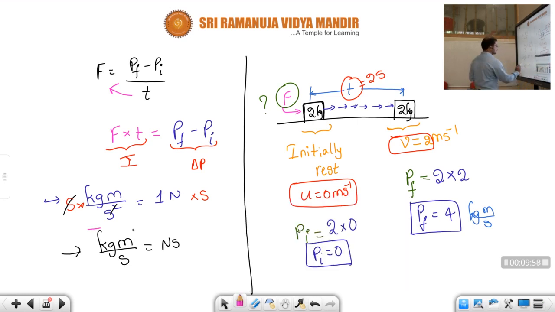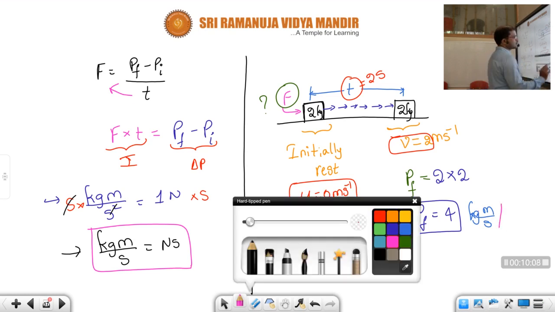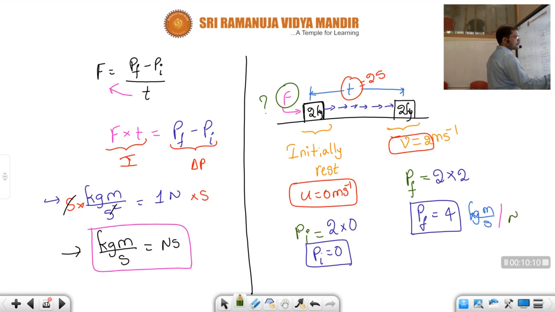So children, here we can write kg meter per second or Newton second. So here this one is what?